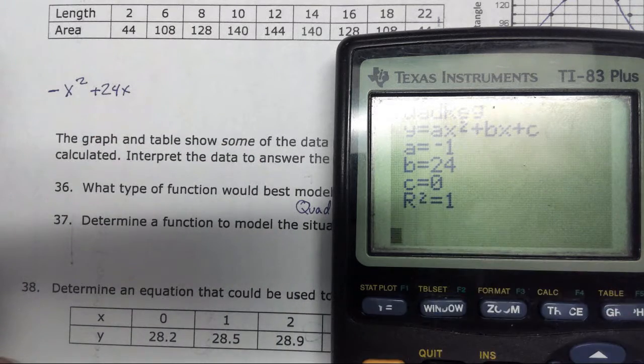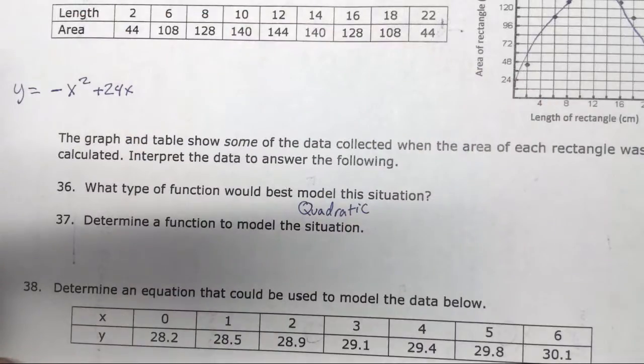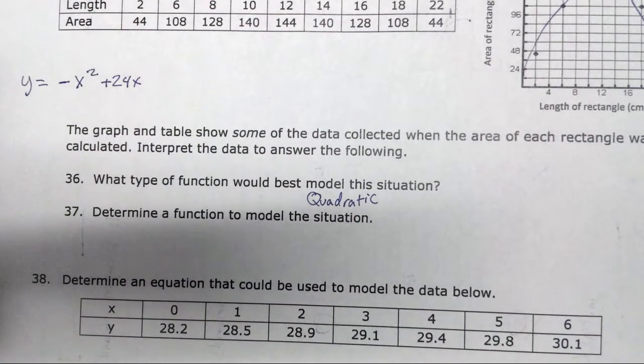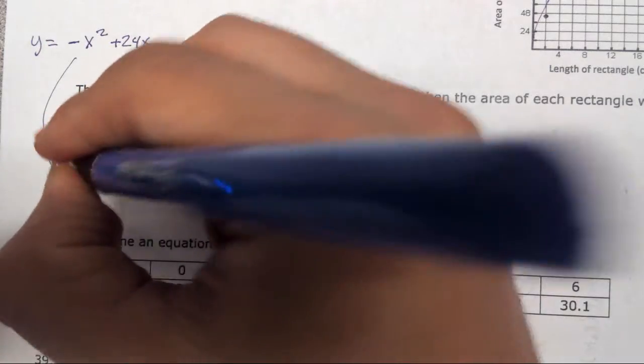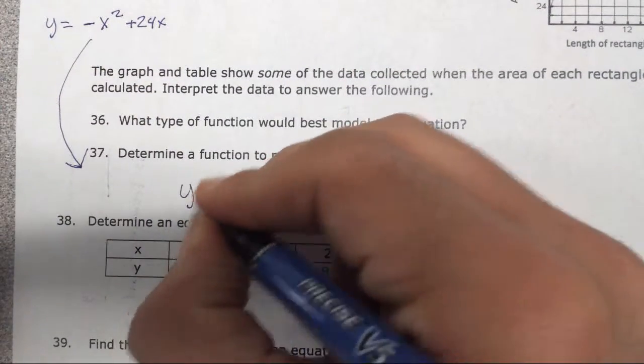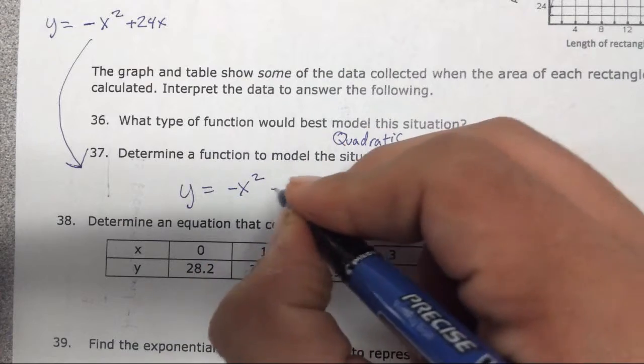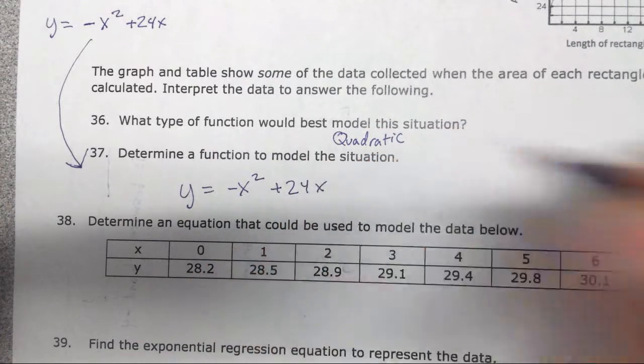Now it's 0, so I don't need to write anything afterwards. So we're going to put a y equals in the front, and we're good. Alright, determine the function model. Oh, this goes right here. Alright, it's y equals negative x squared plus 24x.